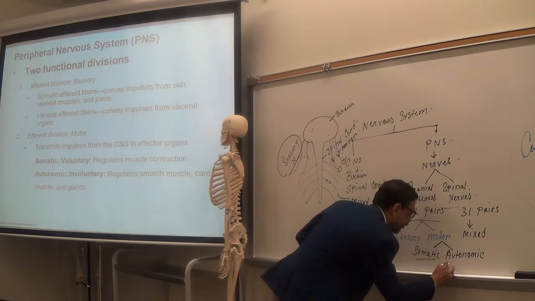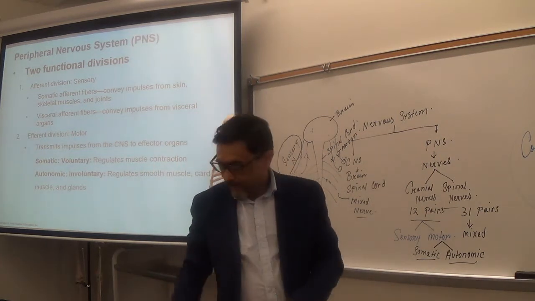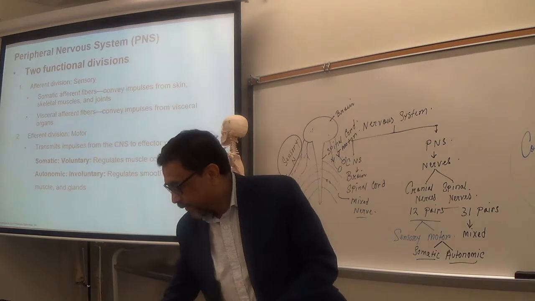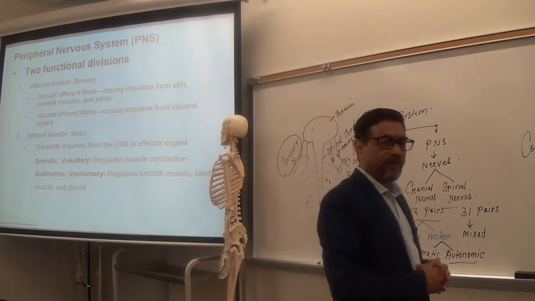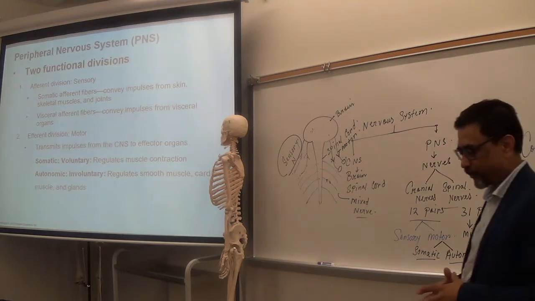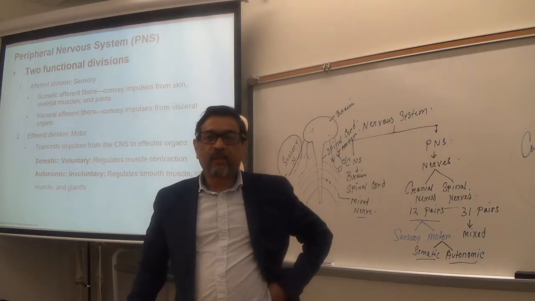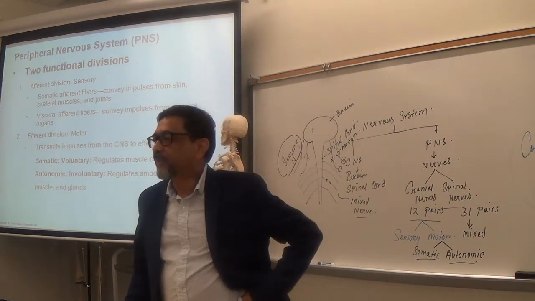So these are two types of motor. Somatic motor, the signal goes from the brain to the skeletal muscles. Brain to the skeletal muscles.